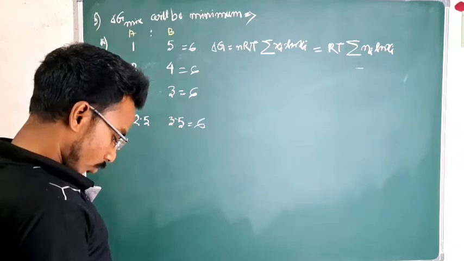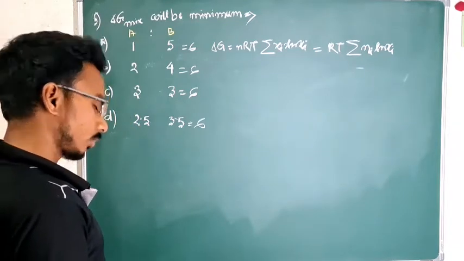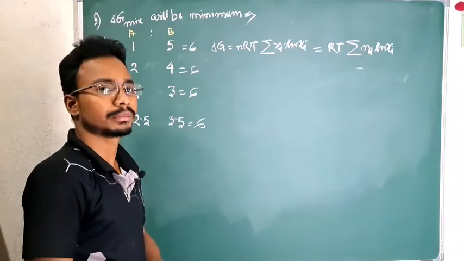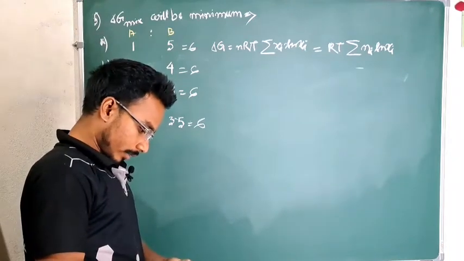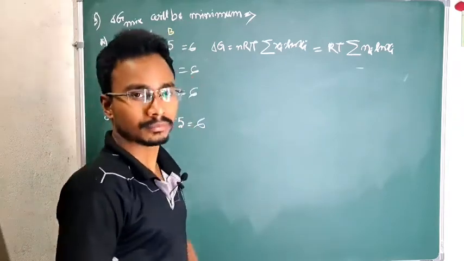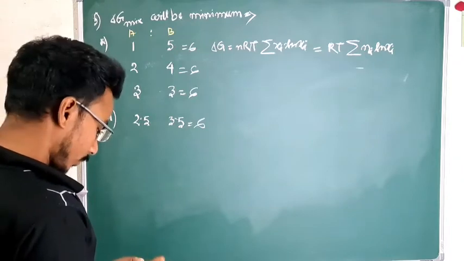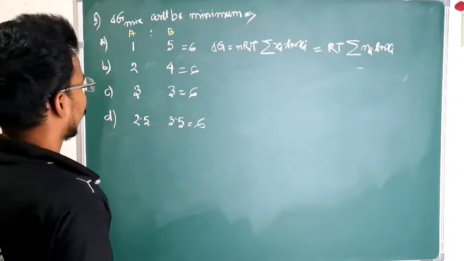So when total moles is equal, it will be easier for you to calculate what will be maximum and what will be minimum. Because delta G mixing is dependent on the number of moles, and the total number of moles is the same, it will be easier to calculate the minimum.